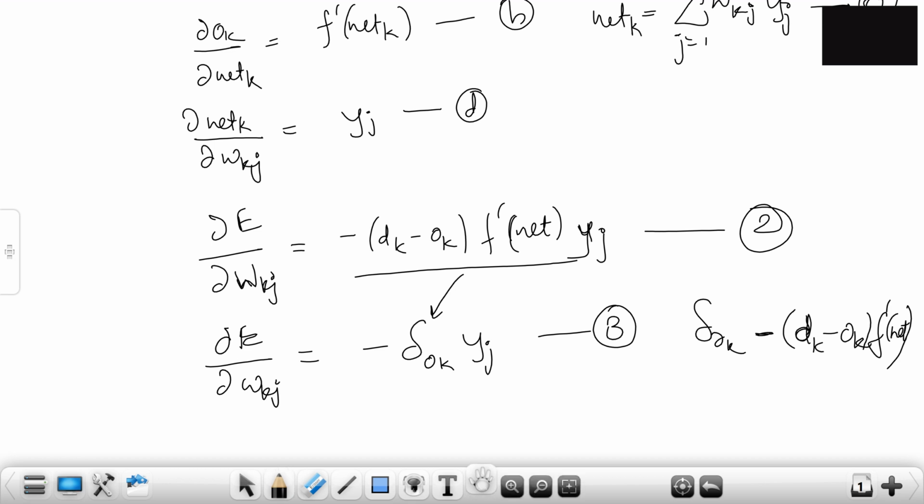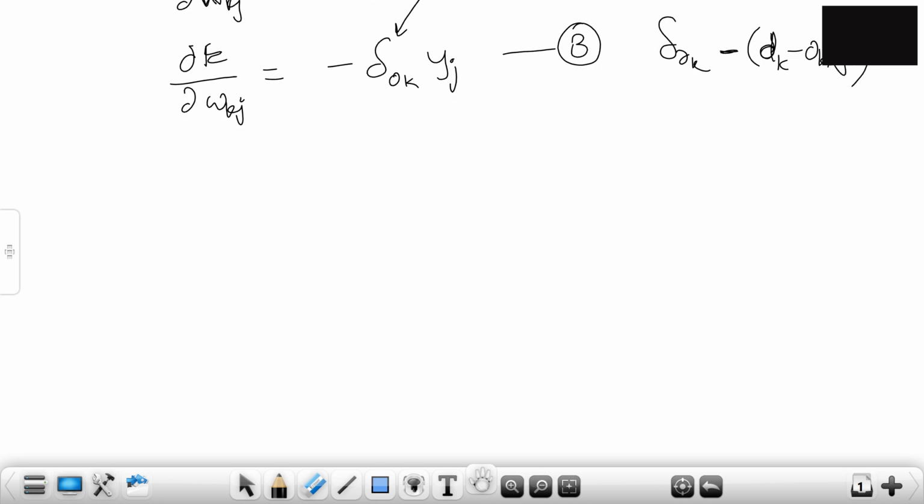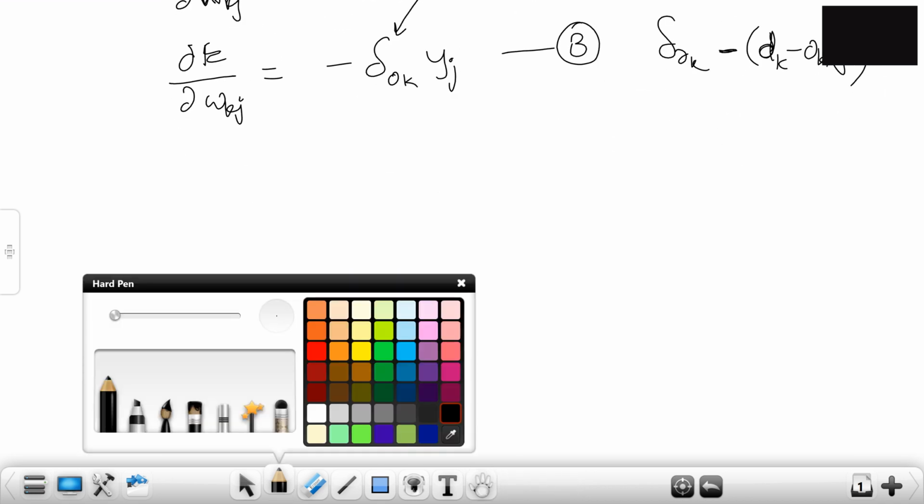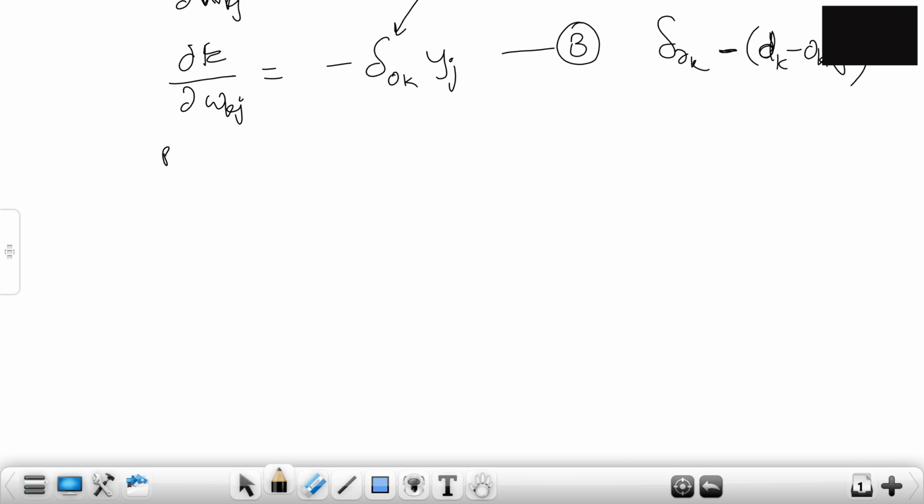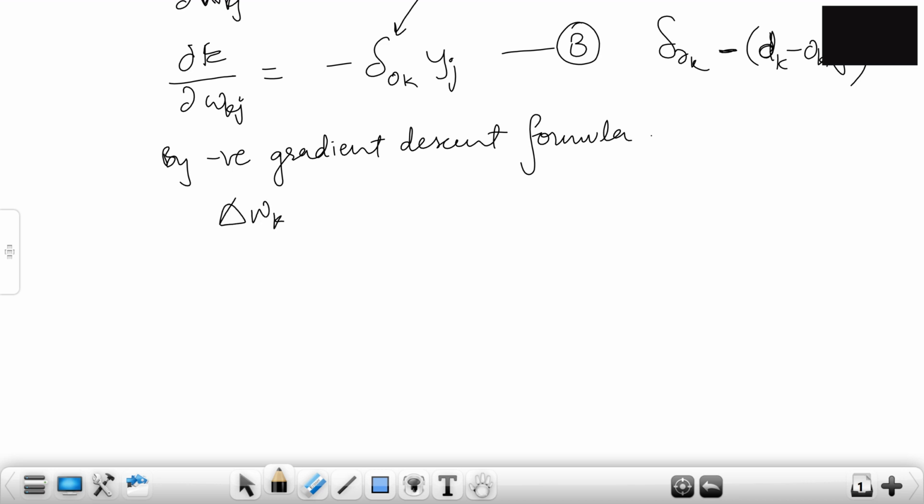Now we're going to write something called the negative gradient descent formula. What do we get is delta w_kj equals minus eta grad of E. This is the negative gradient descent formula.